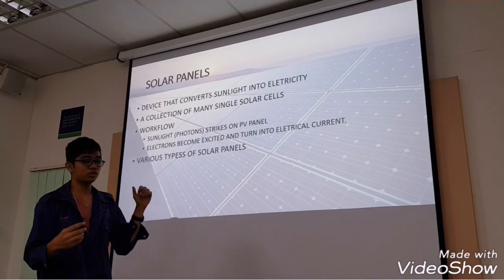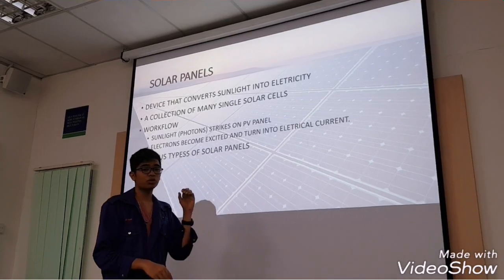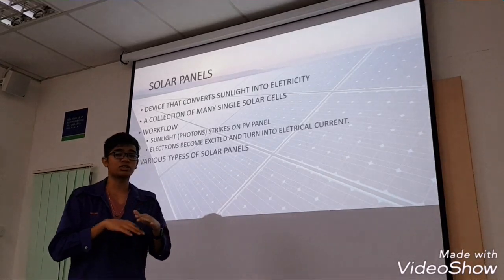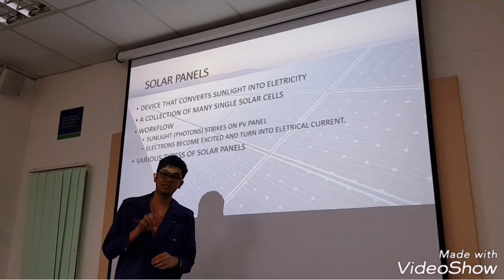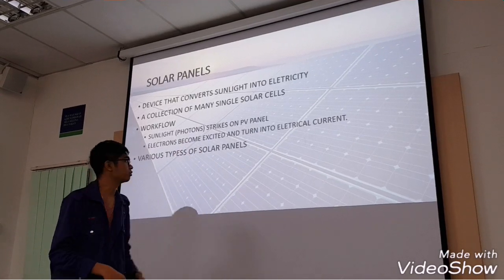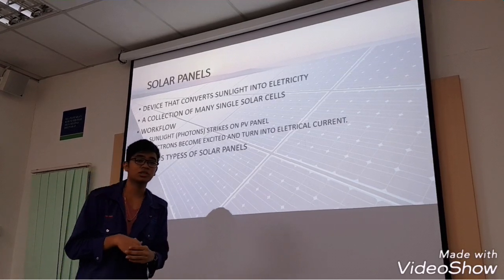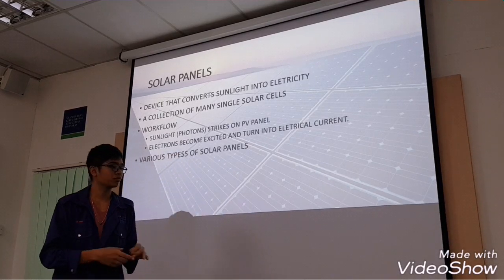When sunlight, which contains photons, strikes the solar panel, the photons transfer their energy to the electrons inside the solar panel. When the electrons get excited, they turn into electrical current. And of course, we have various types of solar cells, such as monocrystalline, polycrystalline, and thin films.